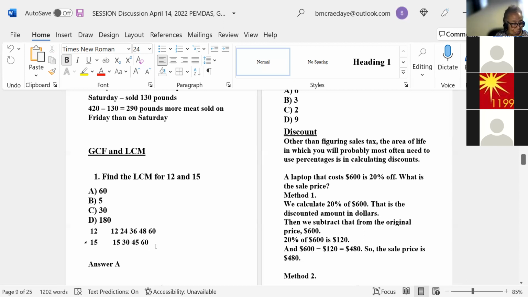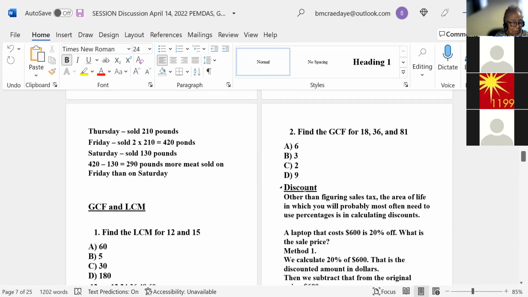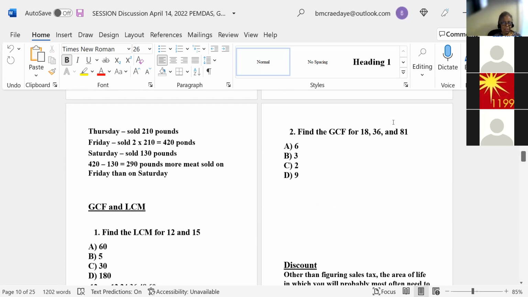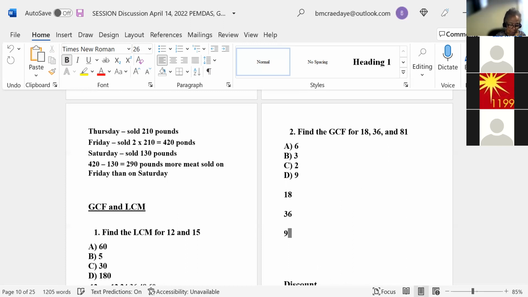Questions? And now find the greatest common factor. The factors is when you start with the 1 and then you go to the next number. So tell me the greatest common factor for 18, 36 and 81. Get your factors for the 18, your factors for the 36, and your factors for the 81. Is it 9?